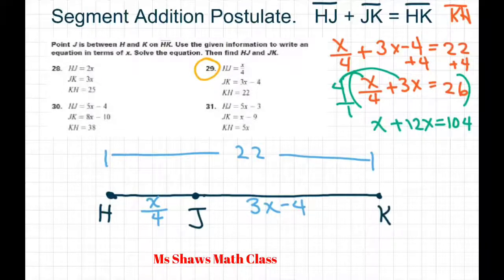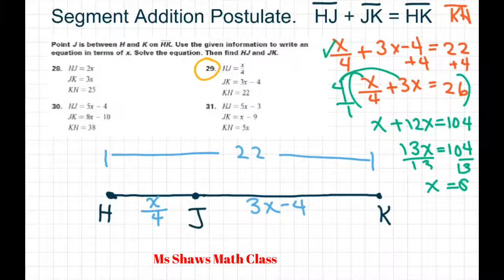So now we have 13x equals 104, and you divide both sides by 13. You're going to get x equals 8. So we wrote our equation, we solved the equation, so x is 8. And now we have to find HJ and JK.